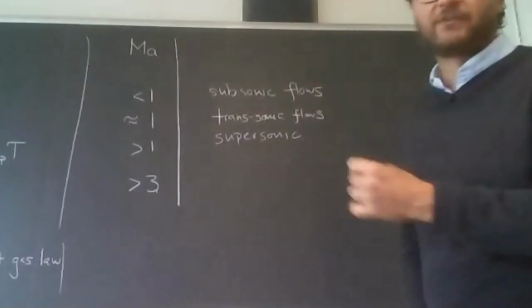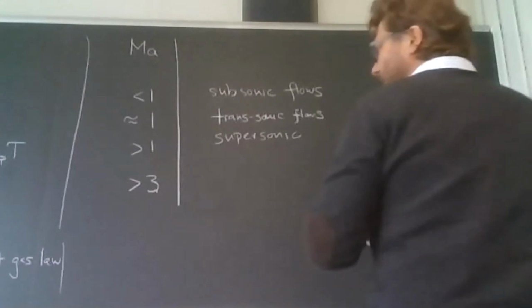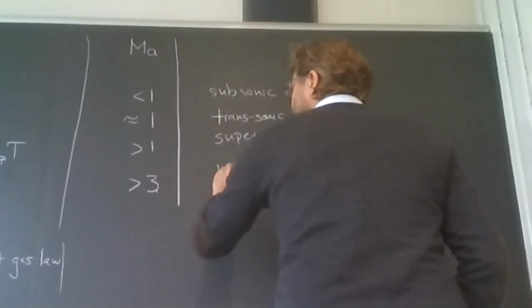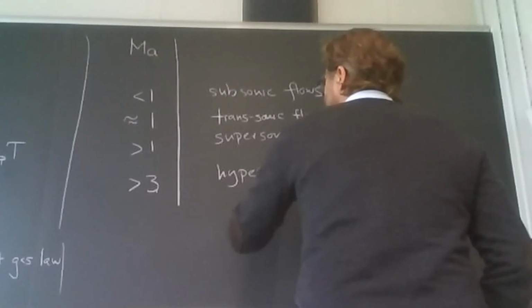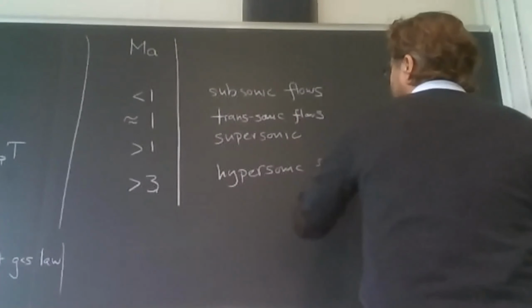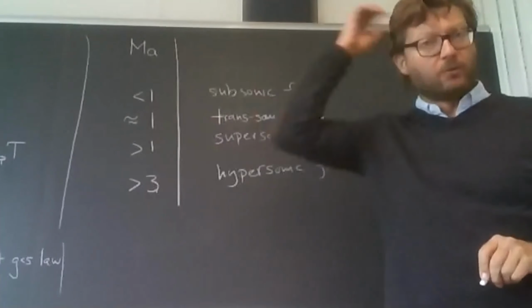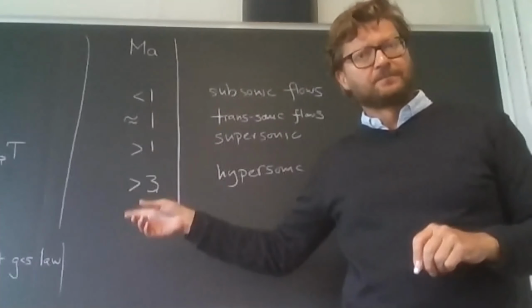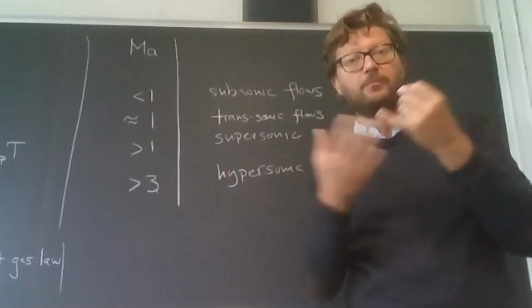In other books, you might find higher than 5, but just somewhere where the Mach number gets really high, we're talking about hypersonic conditions or hypersonic flows. Why do we need a special term for that? Well, in these situations, you can get dissociation of molecules.